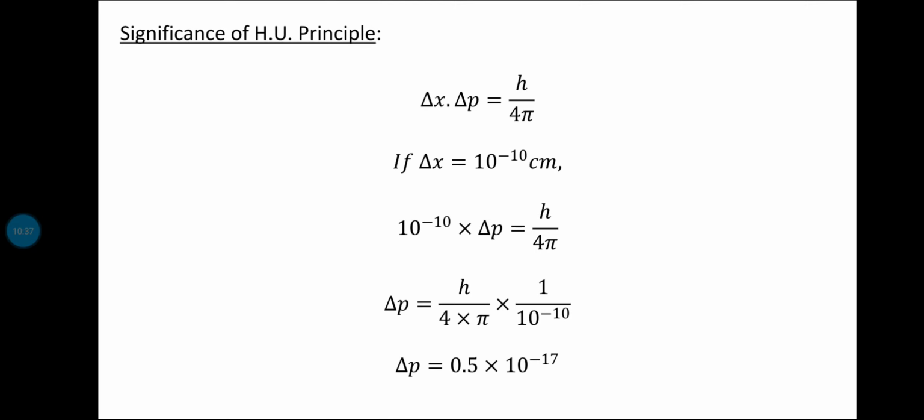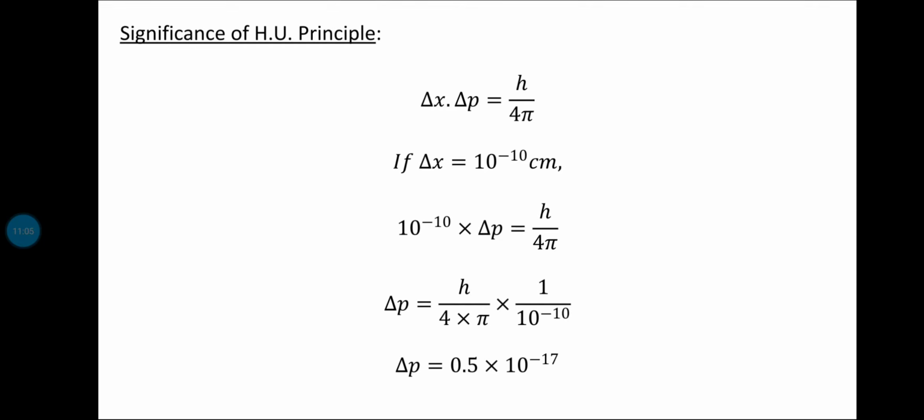If you compare these two values, delta x is more and delta p is less. Delta x is more means the uncertainty is more, the error in the determination is more.